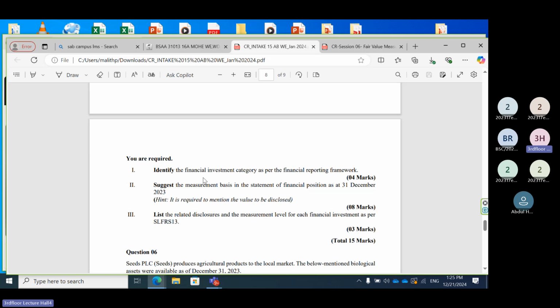So this is a possible question, right? List the related disclosures and measurement level for each financial investment as per the syllabus. That's a possible question.